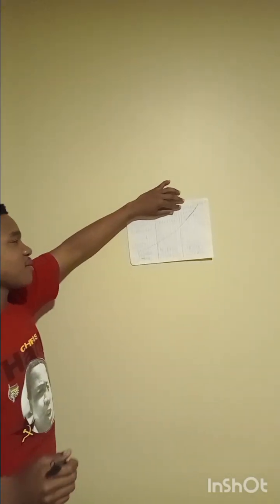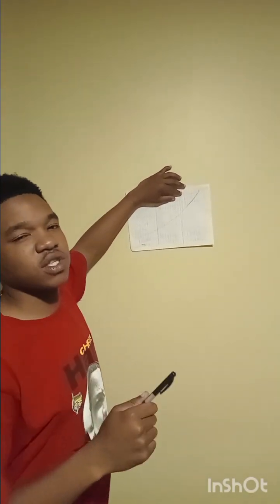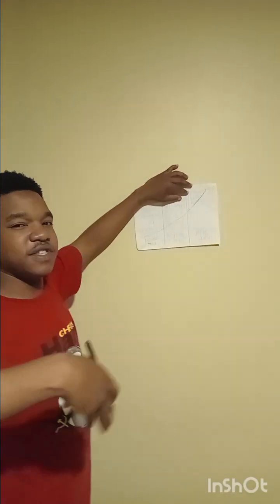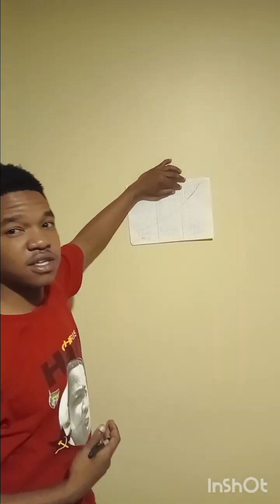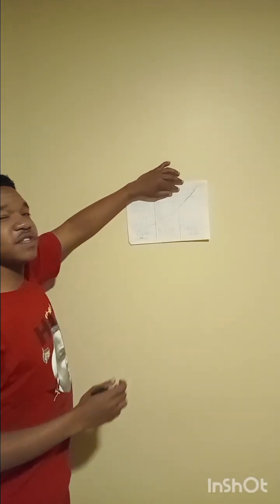What are levees? Levees are embankments that are parallel to the river course. These are the sides of the river. The sides of the river, we call them the levees, the embankments that run parallel to the river course. Then we have the delta.